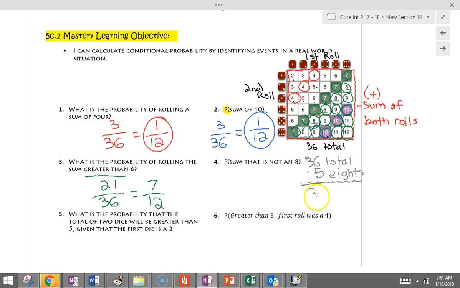I have 31 that are not 8. Okay, so that's where that's going to come from. 31 out of 36. And 31 out of 36 is not reduced. Or again, you could count everything up that's not 8. Either way.